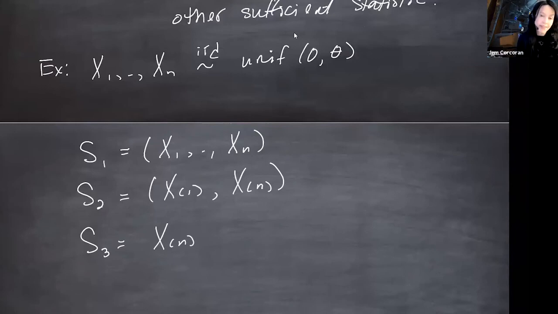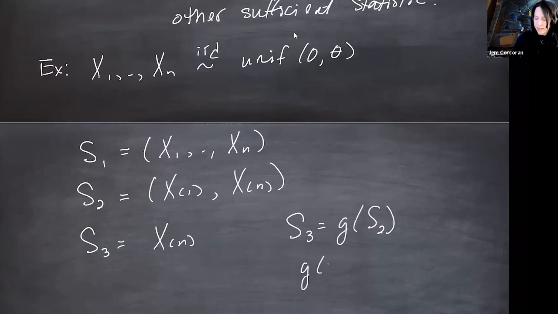And there are more things, but this S3 is a function of S2, and that function is some g of x, y defined to be y. And it's certainly a function of S1 because you can get the max from having those n values.